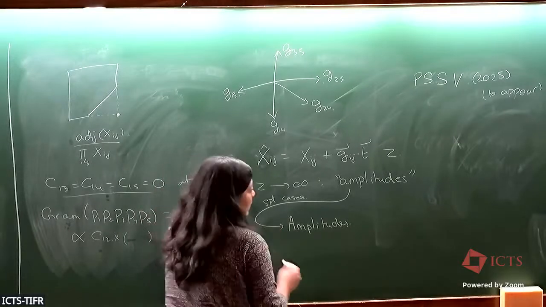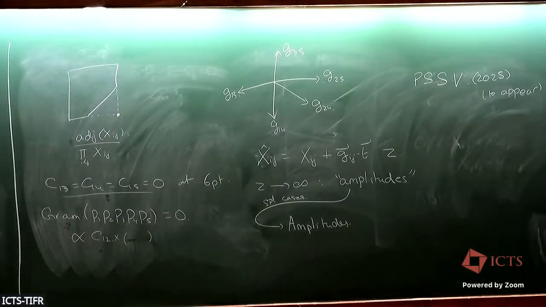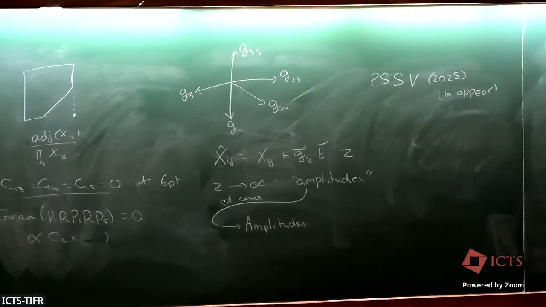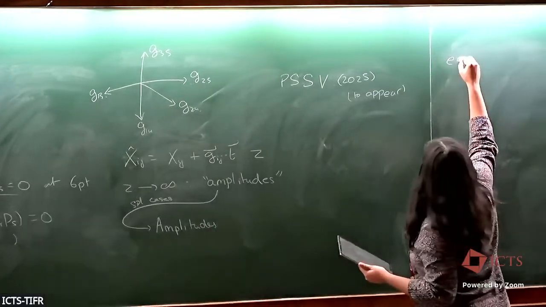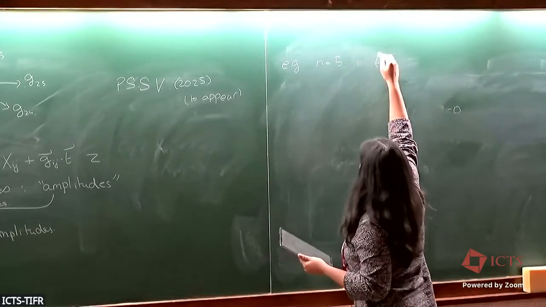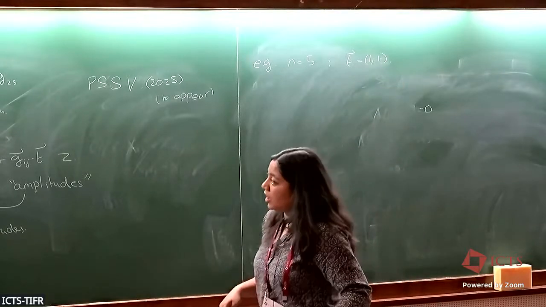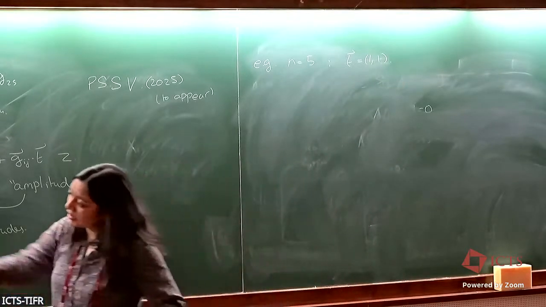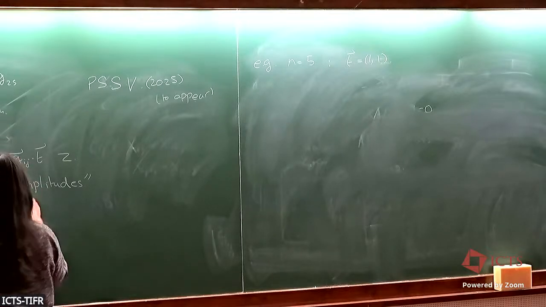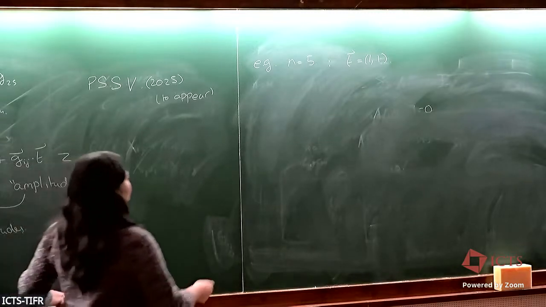Yeah, let's do an example. Example, n equals 5. For the G vector fan we have over there, we choose the direction 1, 1. That means I'm shifting along these two directions, G14 and G13.